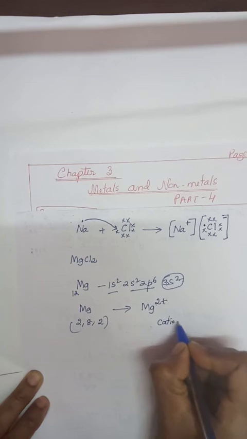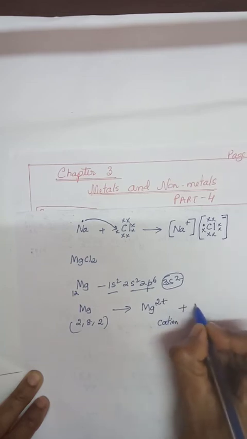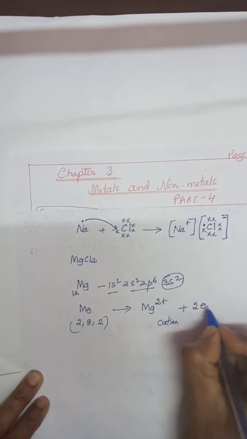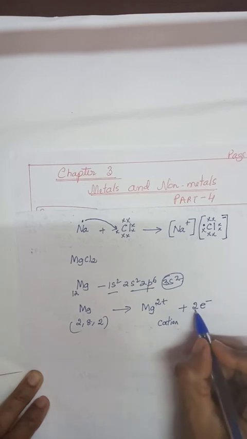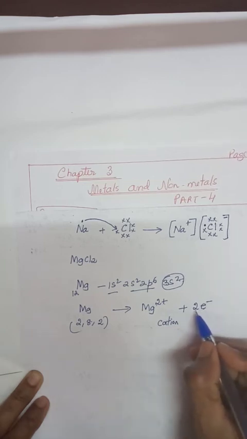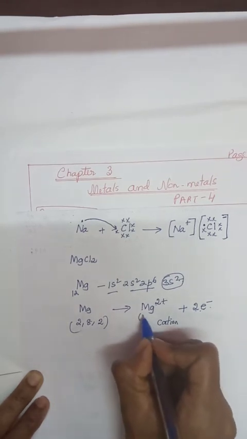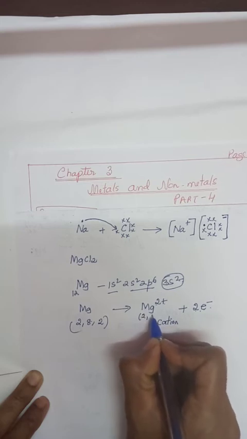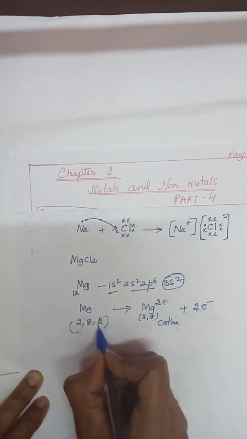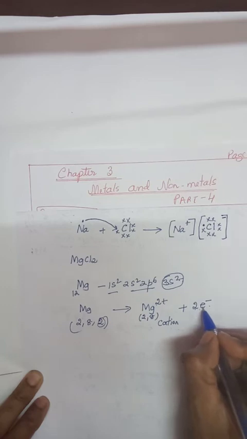It is losing 2 electrons, 2e minus. So it gains octet configuration 2, 8 because these 2 electrons are lost.